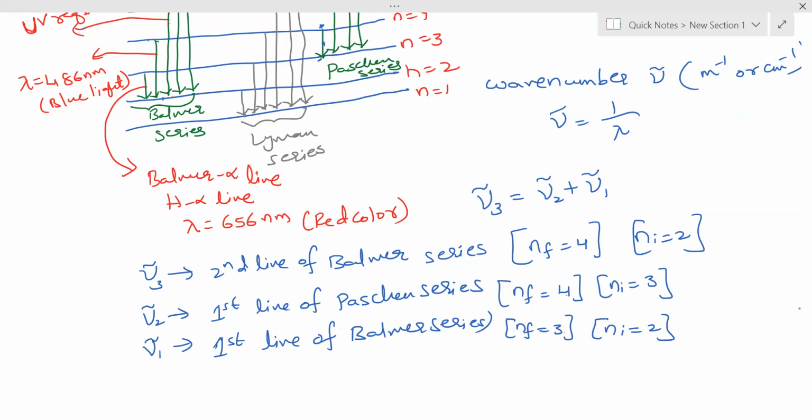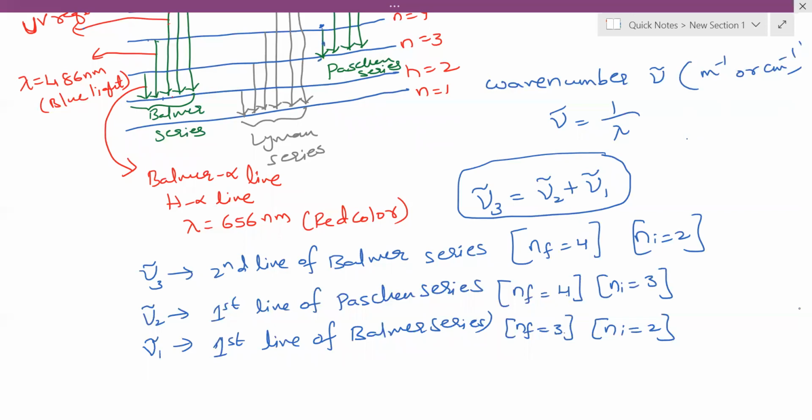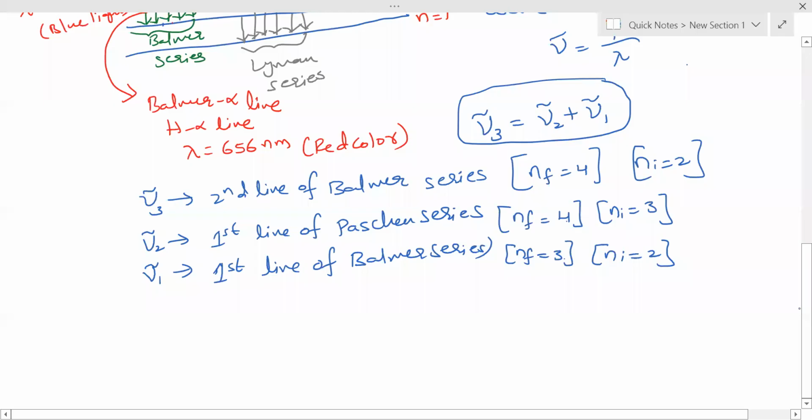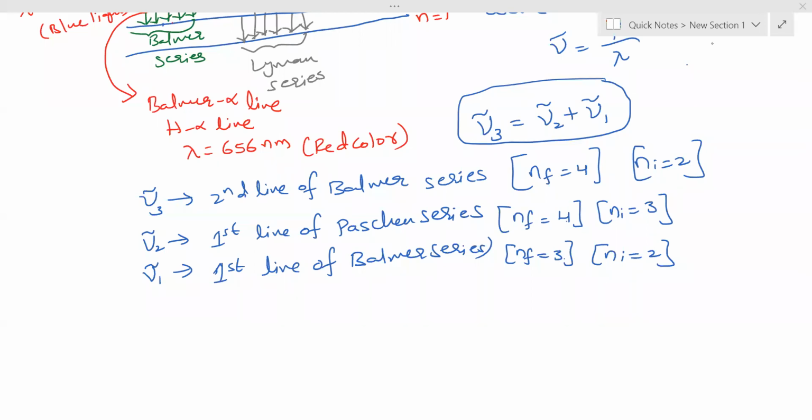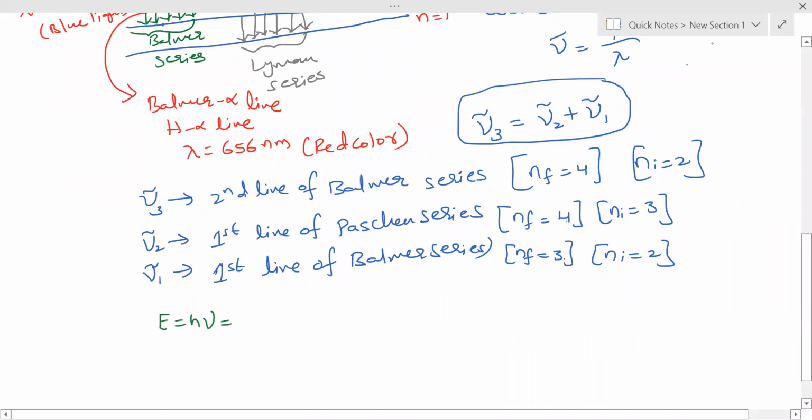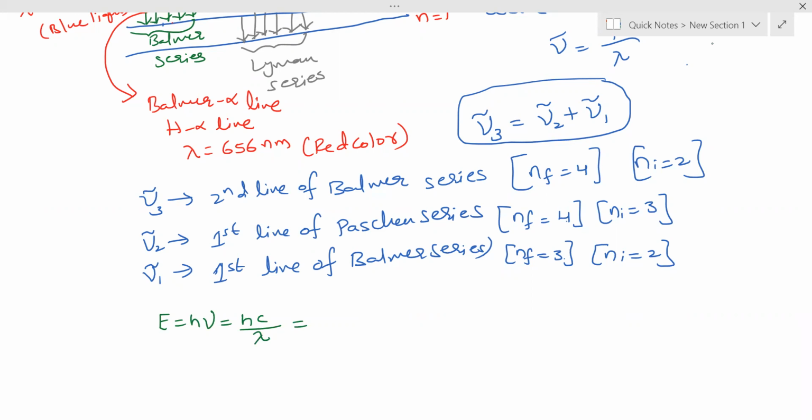So here, wave number 2 plus wave number 1 we are adding. From this relation you can see that it establishes the energy relation. We know that energy E is equal to h nu, and nu is c by lambda, and 1 by lambda is the wave number we are representing.